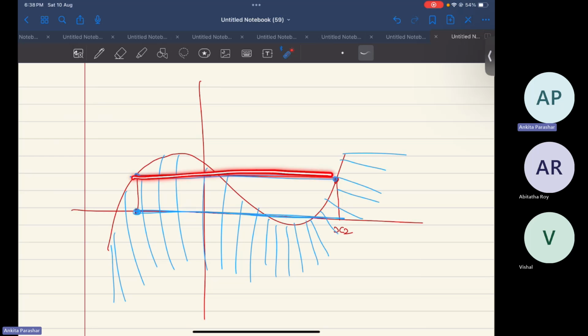This is one line, this is one line. The line joining f(x1) and f(x2) is higher than the line joining x1 and x2 till this domain, everything is okay. But what about this part?